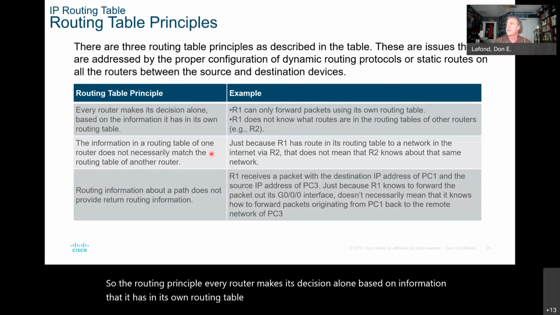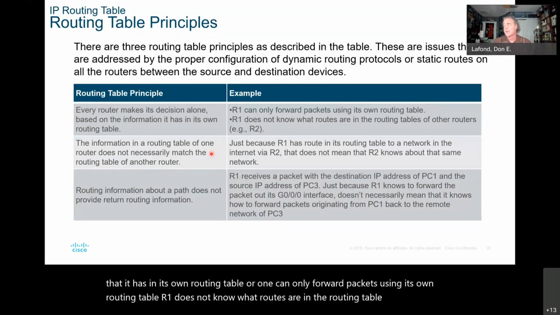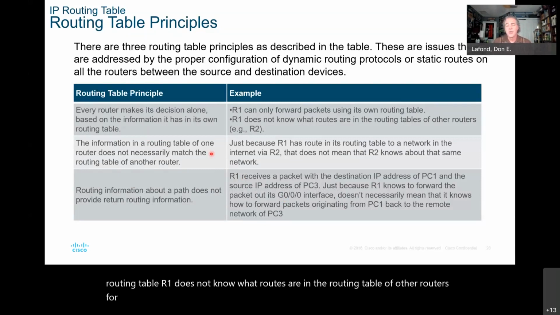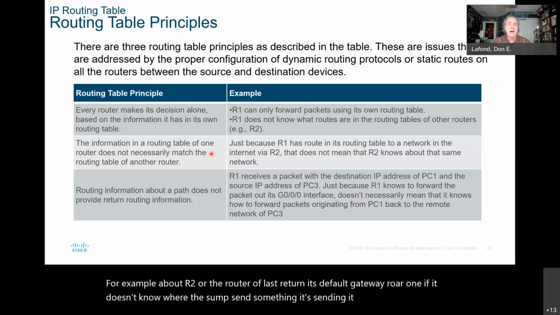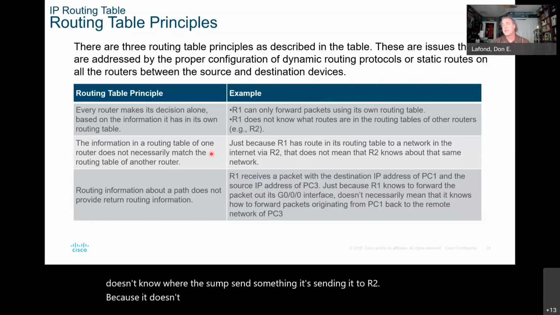R1 can only forward packets using its own routing table. R1 does not know what routes are in the routing table of other routers, for example, R2. If R1 doesn't know where to send something, it sends it to its default gateway, R2, because it doesn't know where else to send it.